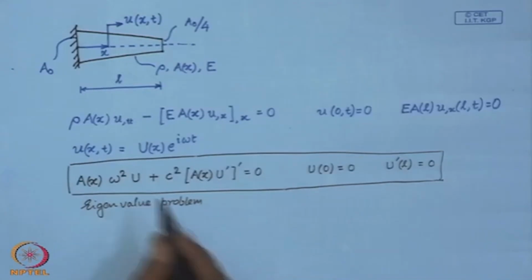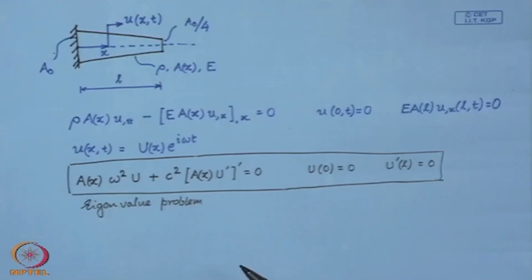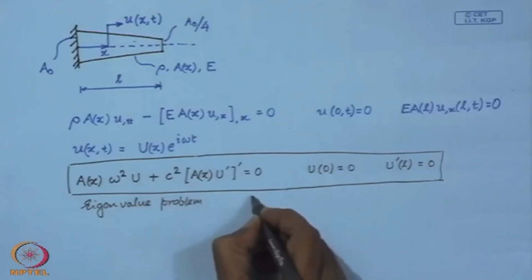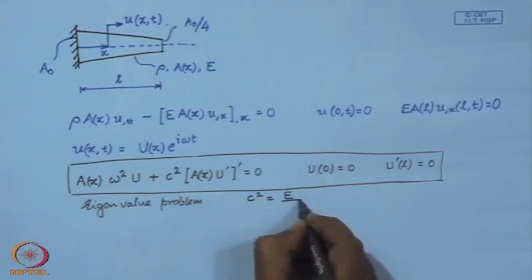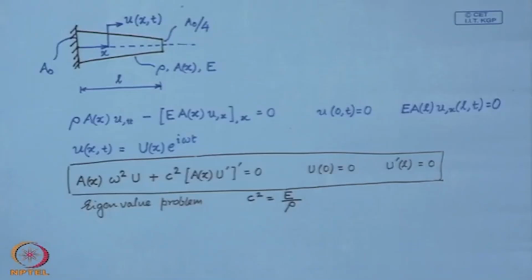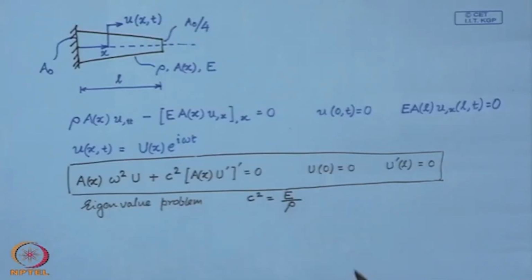So, we have to solve this eigenvalue problem in order to find out the circular eigen frequencies or circular characteristic frequencies omega and the corresponding modes of vibration which are given by the eigen functions of this eigenvalue problem. So, here of course, C square is E, the Young's modulus divided by rho.